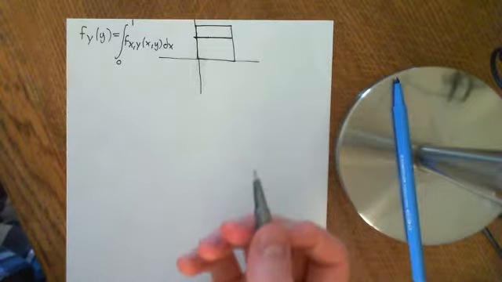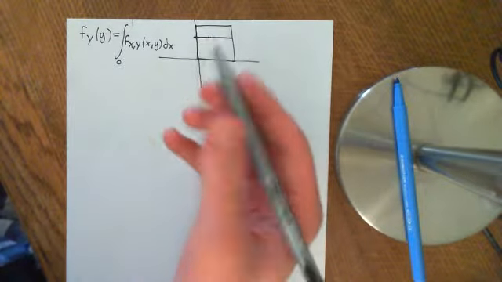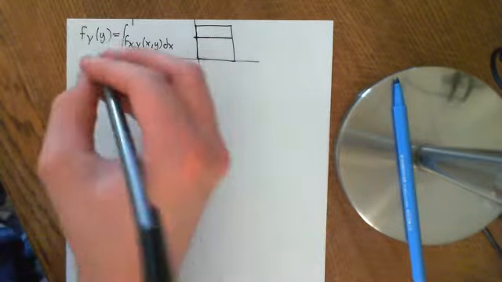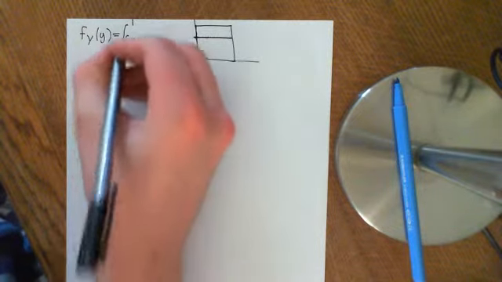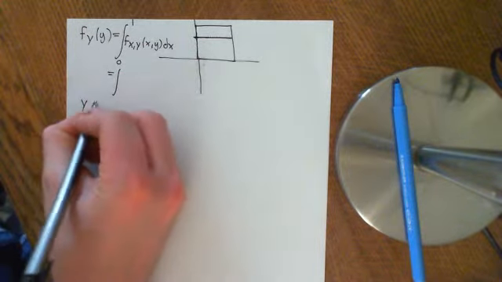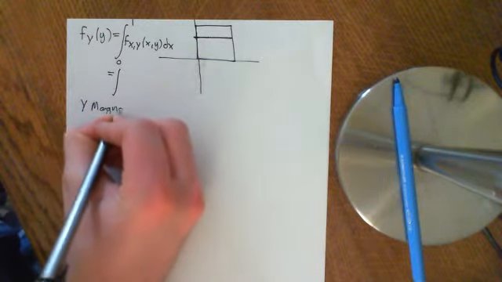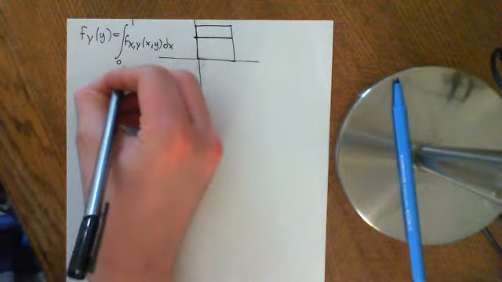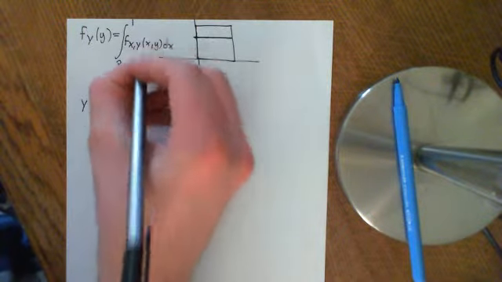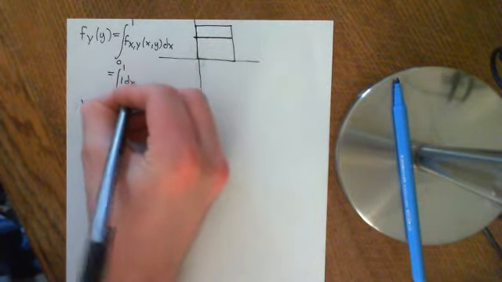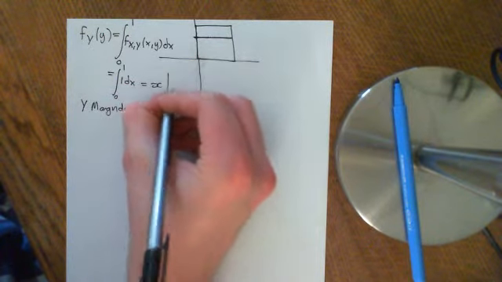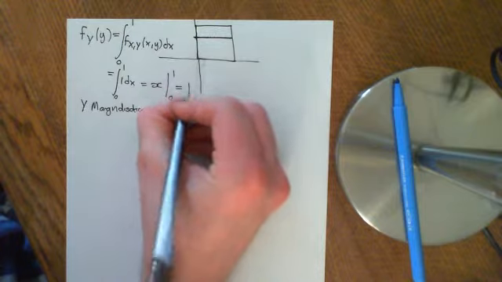But again, it's still equal to 0. The probability is still equal to 0. So instead what we end up with is an infinitesimal probability, i.e. a probability density function. So this is called y-marginalization because we get the marginal distribution of the y random variable, and in this case we integrate from 0 to 1. Again, the PDF is just 1, so we integrate dx. And again, by the second fundamental theorem of calculus, the antiderivative is x, evaluated between 0 and 1, and you get 1.